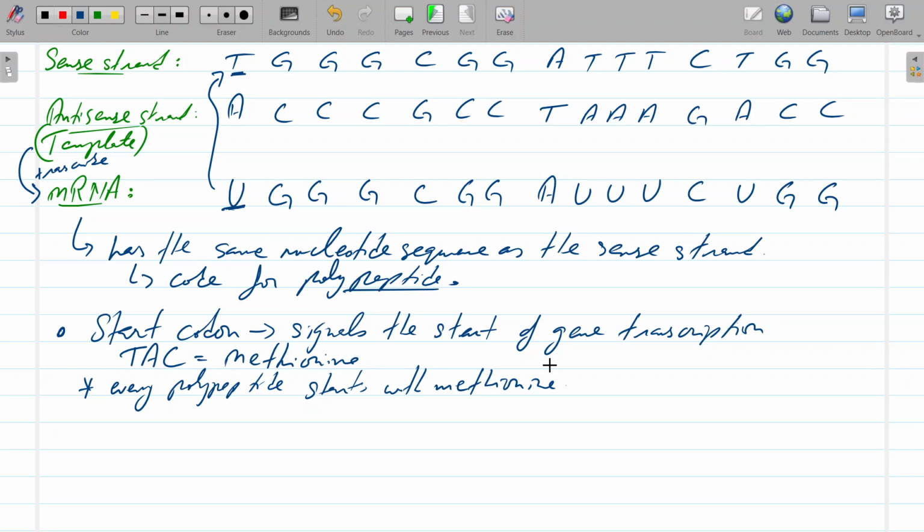Those happen in the endoplasmic reticulum and the Golgi apparatus. And so, right, the folding and attaching lipid molecules or carbohydrate molecules to make them lipoproteins or glycoproteins. And also one of the post-processing things is the removal of the start codon, because now you have the polypeptide chain, so you don't need that code anymore.